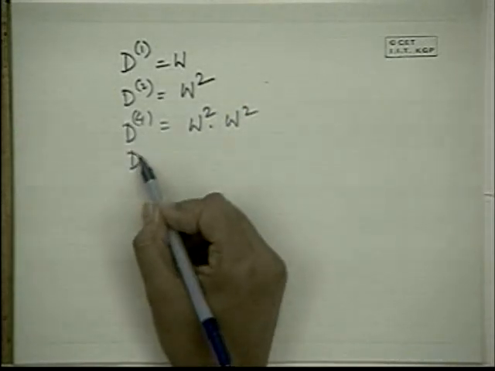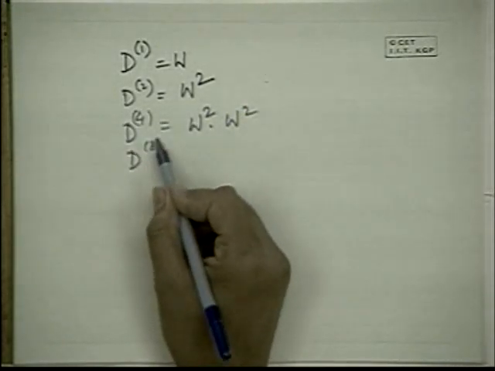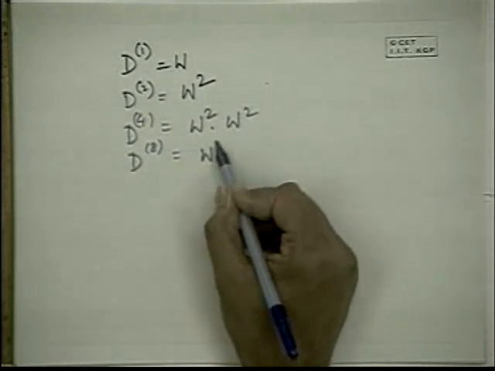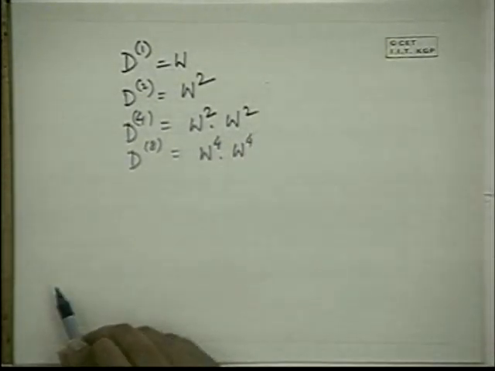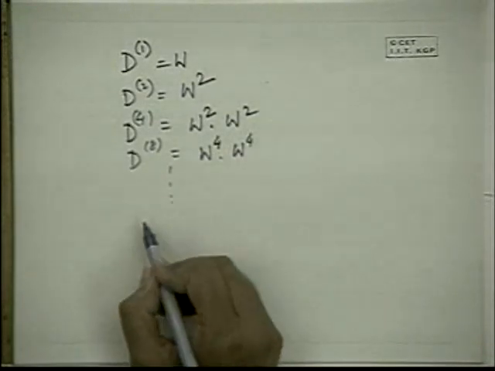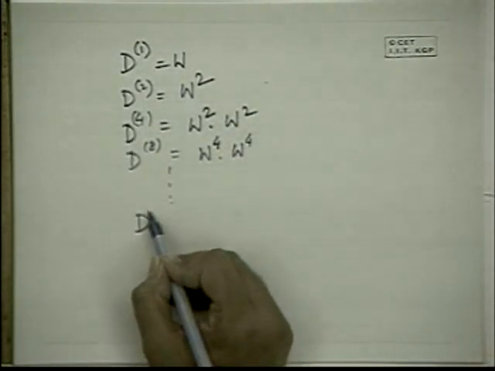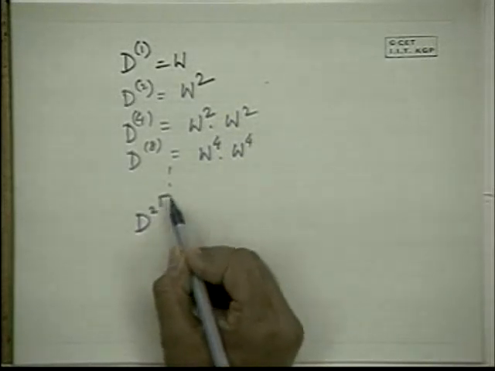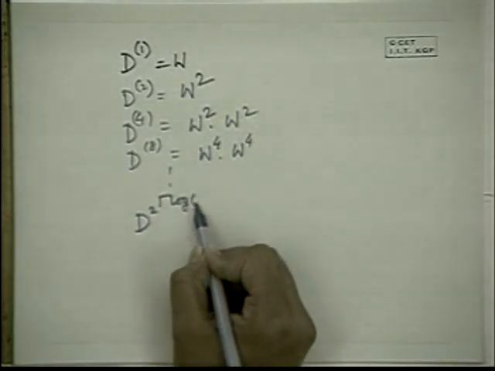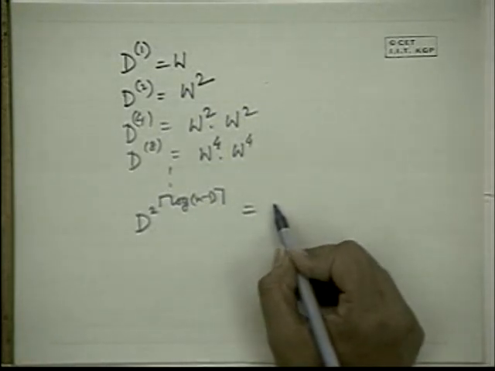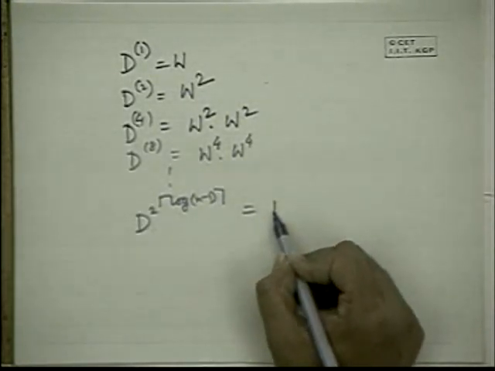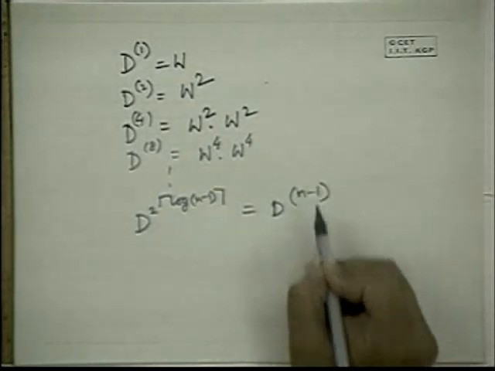Next, I will not compute 5, 6, 7, I will compute 8. So it will be w to the power 4 times w to the power 4. If I go on doing this, ultimately d to the power 2 to the power log n minus 1, if we do this many times, we will get basically d to the power n minus 1.